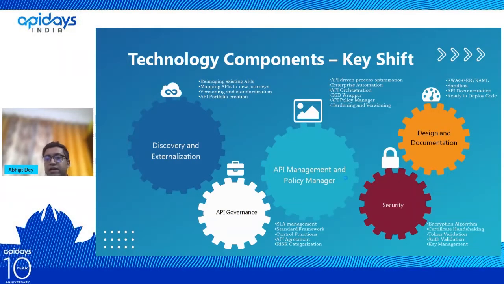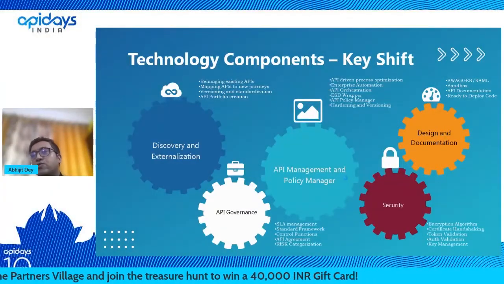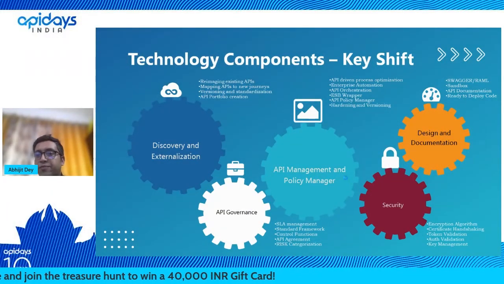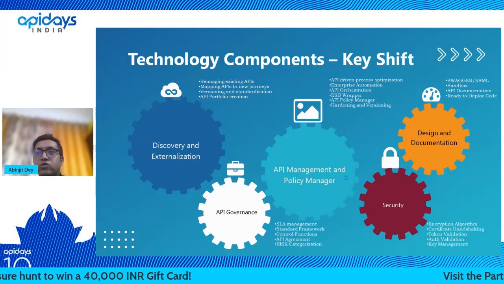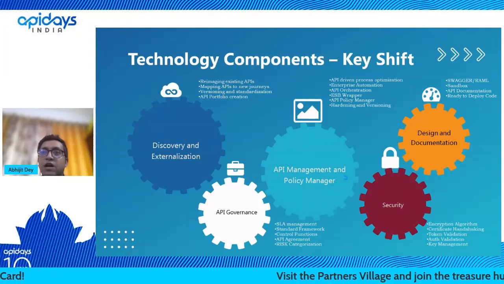Then going back to design and documentation. If API is a product, then the visual depiction is the documentation. And nowadays, those FSD kind of documents don't work. We all have moved to Swagger, RAML. There should be ready-to-deploy code through which the instant handshaking will happen.